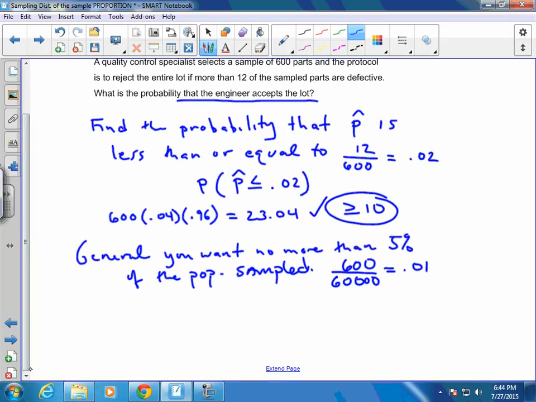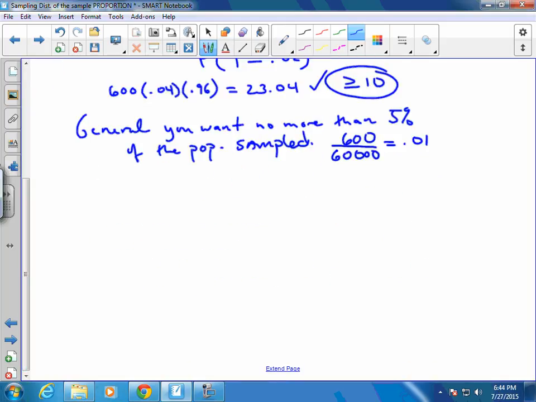Okay, so we have a normal scenario here. I'm just going to make a note that my sample proportion p hat is normal. Remember, we know that because we checked the n times p times 1 minus p.